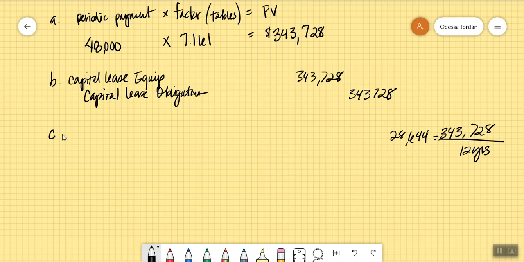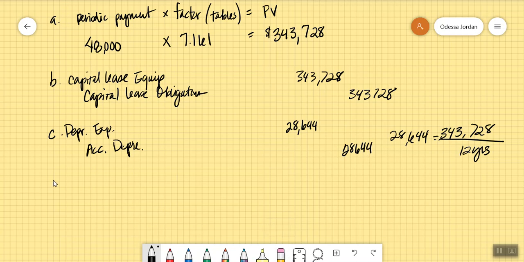So for C, we would debit depreciation expense, credit accumulated depreciation, and we would debit 28,644 and credit 28,644.